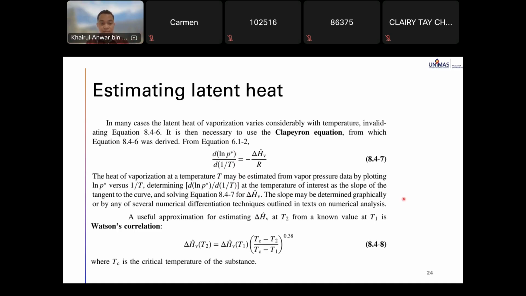A useful approximation for estimating delta Hv at temperature 2 from a known value at T1 is the Watson correlation, where Tc is the critical temperature.